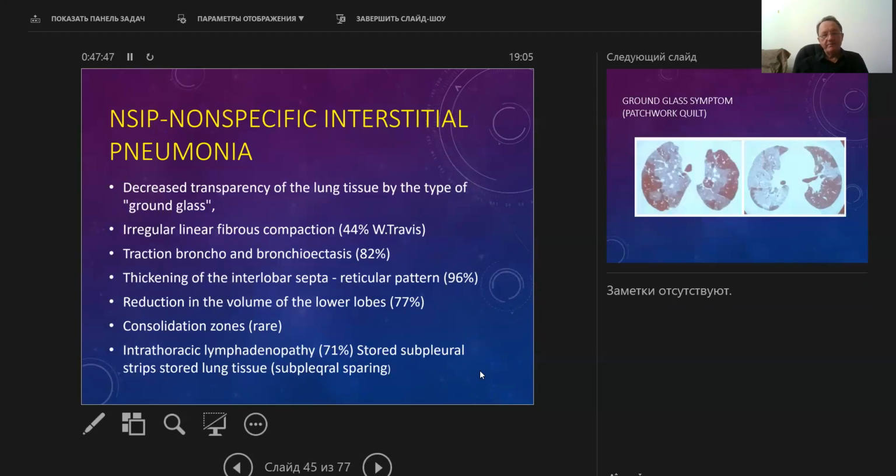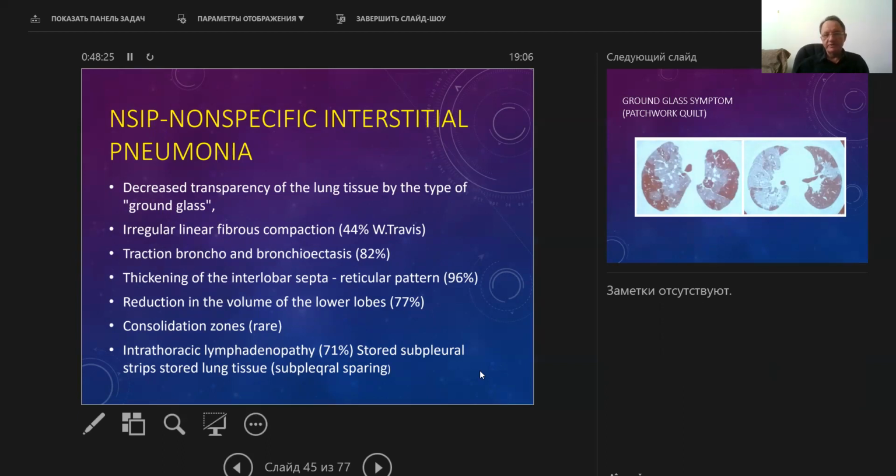And the main radiological sign is ground glass opacity, its prevalence over the reticular abnormalities. Decreased transparency of the lung tissue of the ground glass opacity type, irregular linear fibrosis, traction bronchiectasis. It can also happen in non-specific interstitial pneumonia.